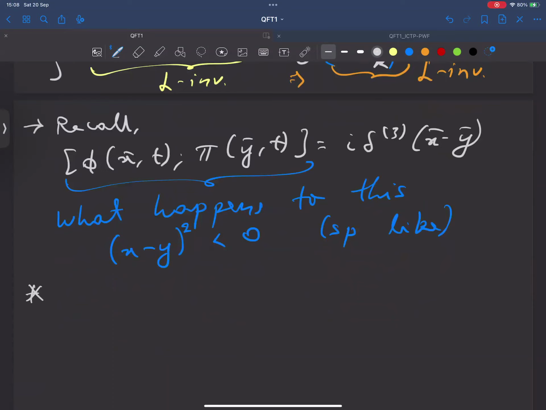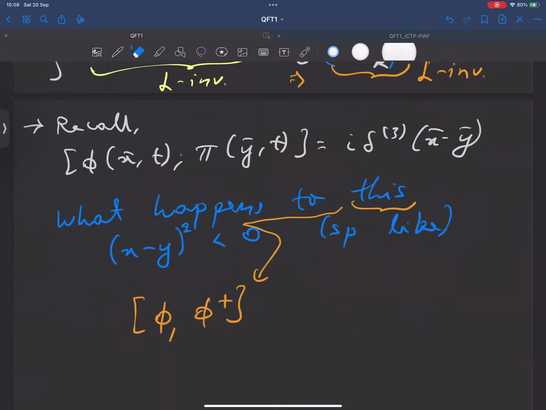So recall that, sorry, I did something wrong here. This is indeed the commutation relation that we had. But what I wanted to say was, what happens to this essentially was not the commutator I was writing above, but a commutator like this.